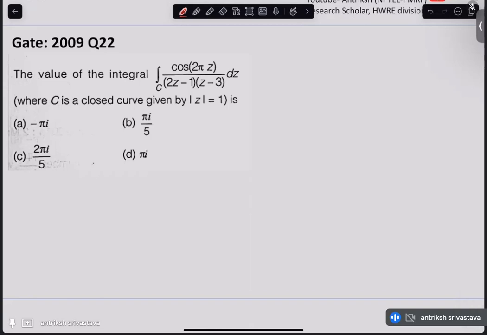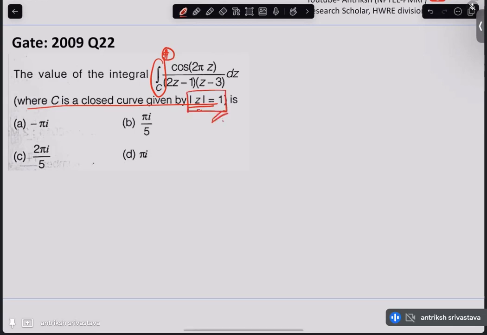All right, so this is a question regarding Cauchy's theorem of integral in complex number space. So let's look at this. So we have to find the value of the integral that is given here, where the closed curve C is represented by the following equation.